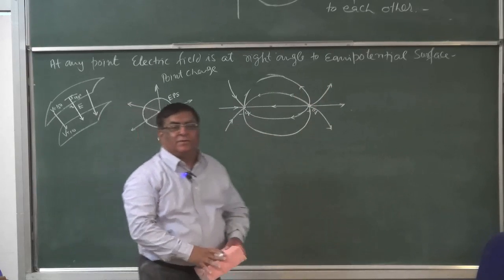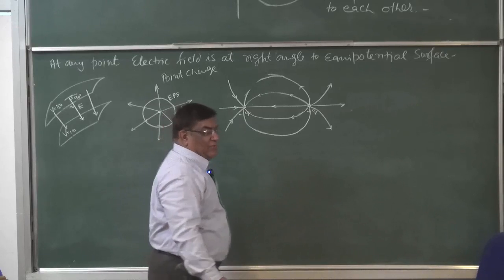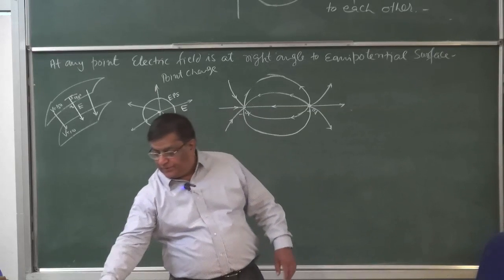These are electric field lines. Now we have to draw the equipotential surface.